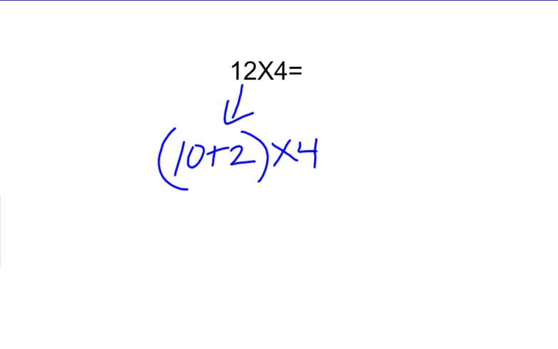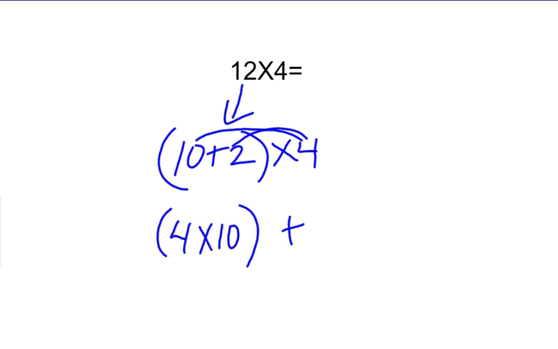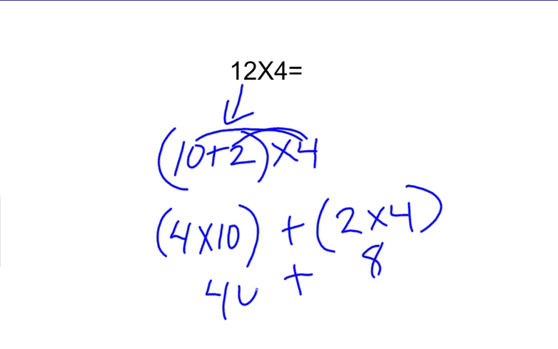I'm going to distribute my 4 times 10, and the kids learned how to multiply by 10. Multiplying by 10 is a lot easier. So 4 times 10 here, plus I'm going to multiply 2 times 4. 2 times 4 equals 8, plus 4 times 10, which equals 40, and then 40 plus 8 equals 48. 12 times 4 equals 48.